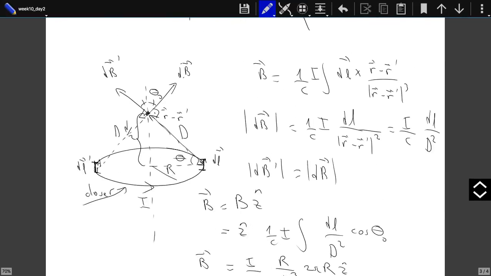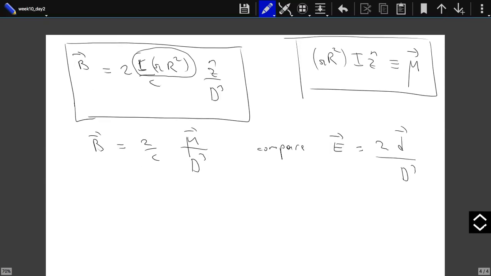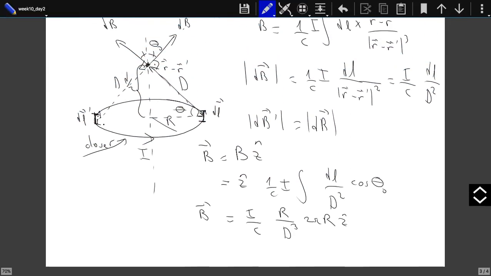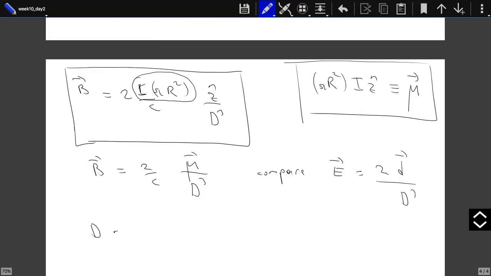Okay, this D cubed, D squared, D is, if you look at over here, D is the hypotenuse, so it is given by R squared plus small d over 2, that is the height, squared.